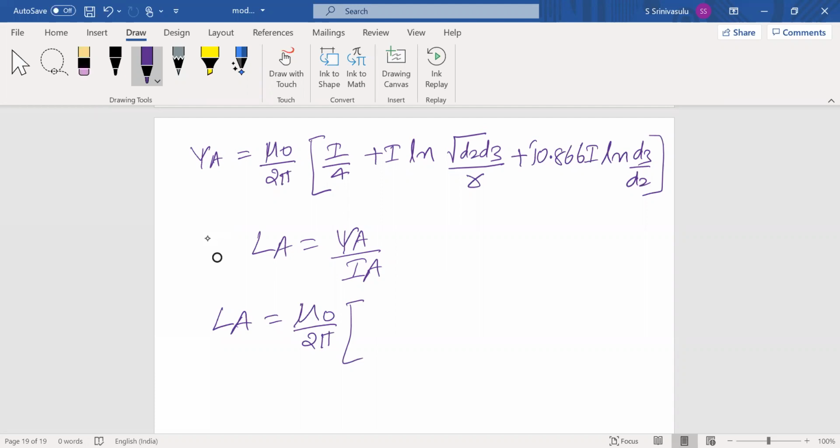What remains is 1 by 4 plus half ln of root over d2 by r plus j 0.866.